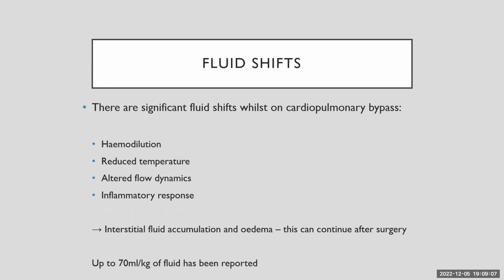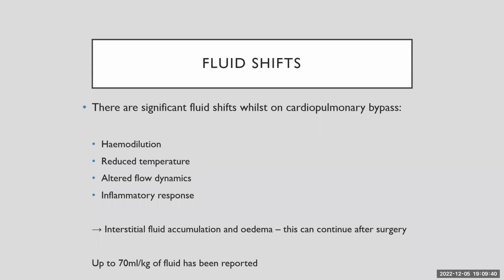There is about 1.4 liters of crystalloid that is included within the circuit, and immediately upon placing a patient on bypass, there is that degree of hemodilution, counterbalanced by a vasodilatory effect that is often seen in patients on cardiopulmonary bypass due to the activation of those cascades that I was referring to. And as a result, there are significant fluid shifts within the body whilst on cardiopulmonary bypass.